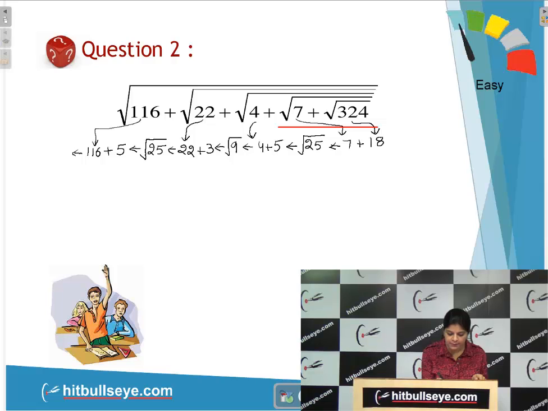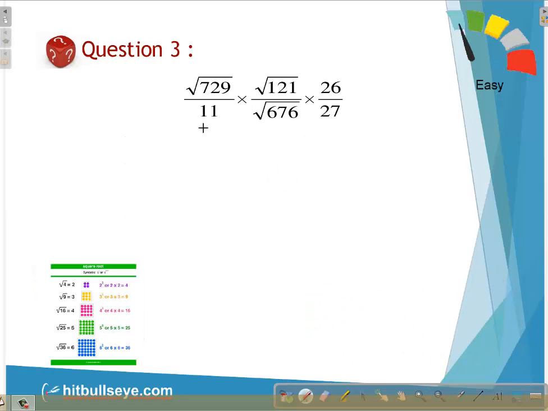The result comes out to be 121. And in the last step, we have to take again the root of 121. Hence, the result is 11. So I hope, friends, that you have understood this question. Let us move to the next question.